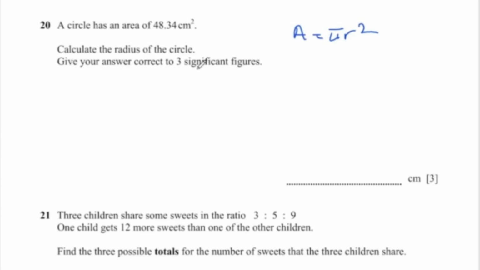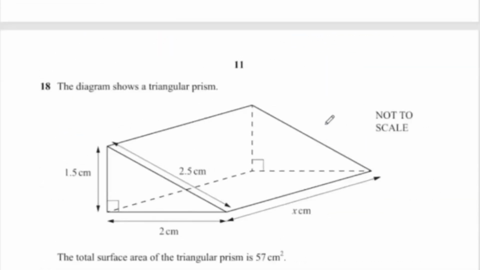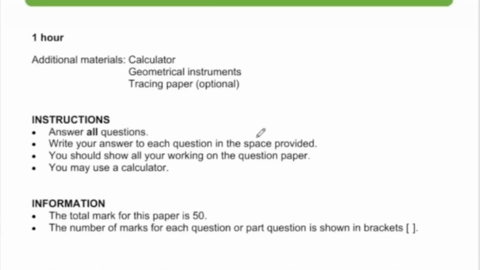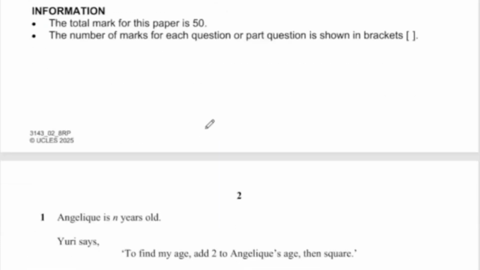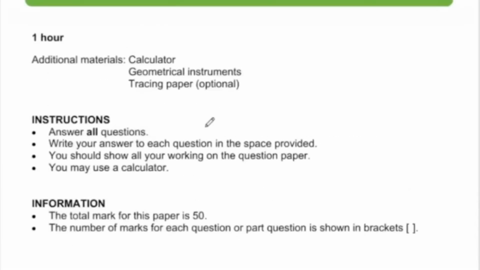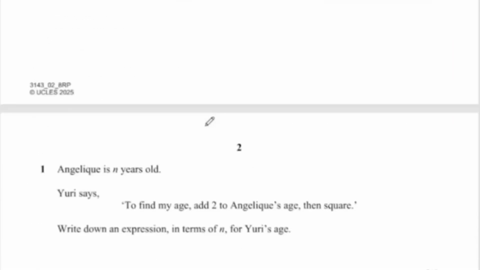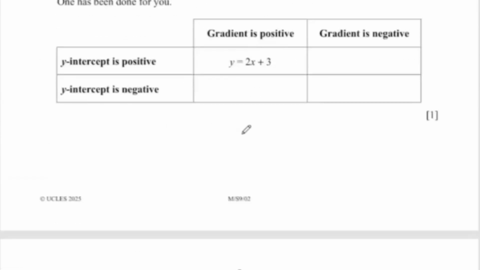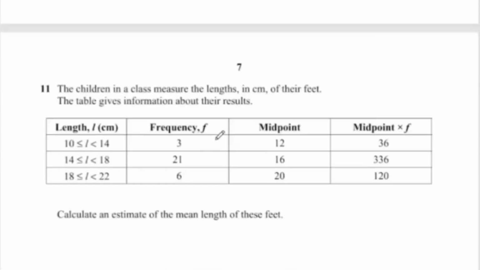So all we need to do first and foremost is say pi r squared. When we're using pi, most times in checkpoint we use pi as 3.14. Okay, so let's flip back to the question and substitute that.